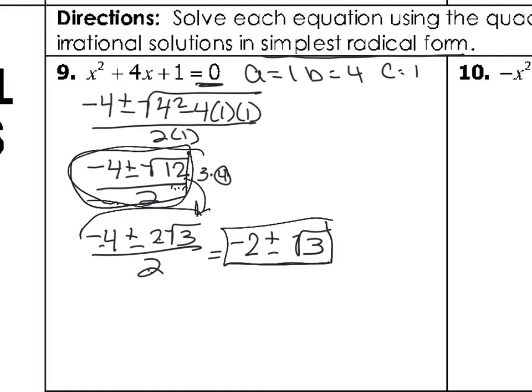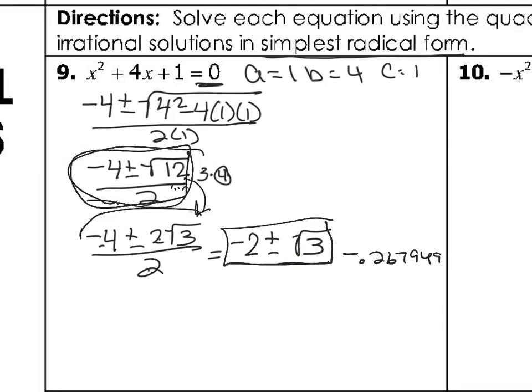All right, if you take your calculator, if you put negative 2 plus the square root of 3, then you're going to get negative 0.2679949, okay?